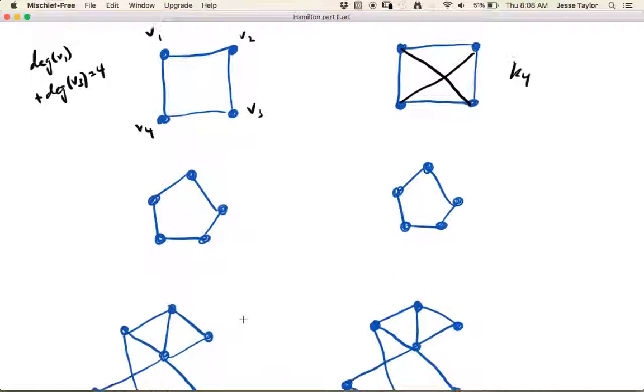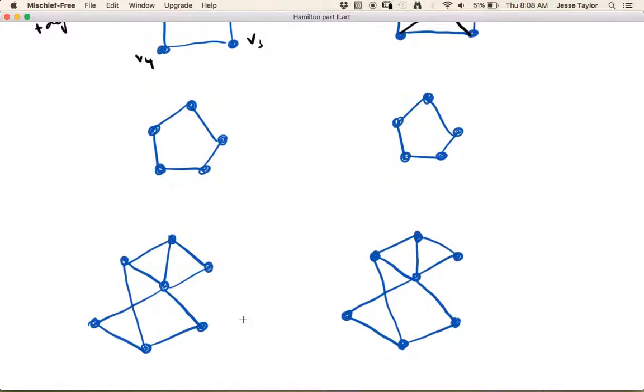All right, so now let's try one more just so we're on the same page here. So you may want to try pausing the video and see if you can complete the closure of this graph. Okay, so let's think about what's happening here. This has degree 3, this has degree 3, degree 2, degree 5, degree 2, degree 3, degree 2.